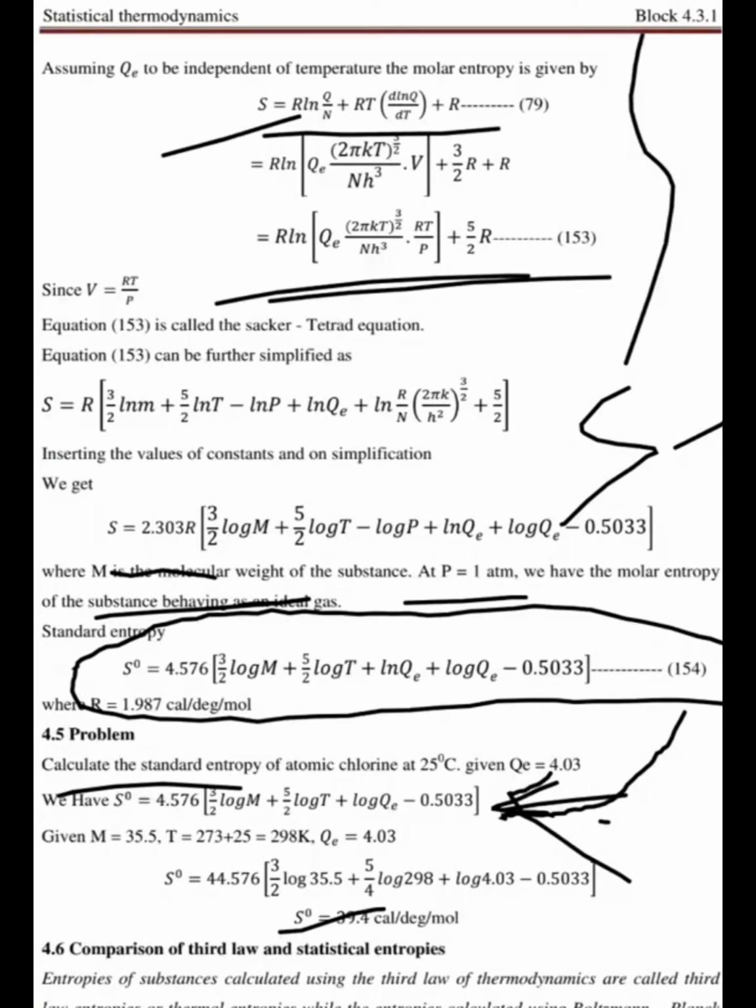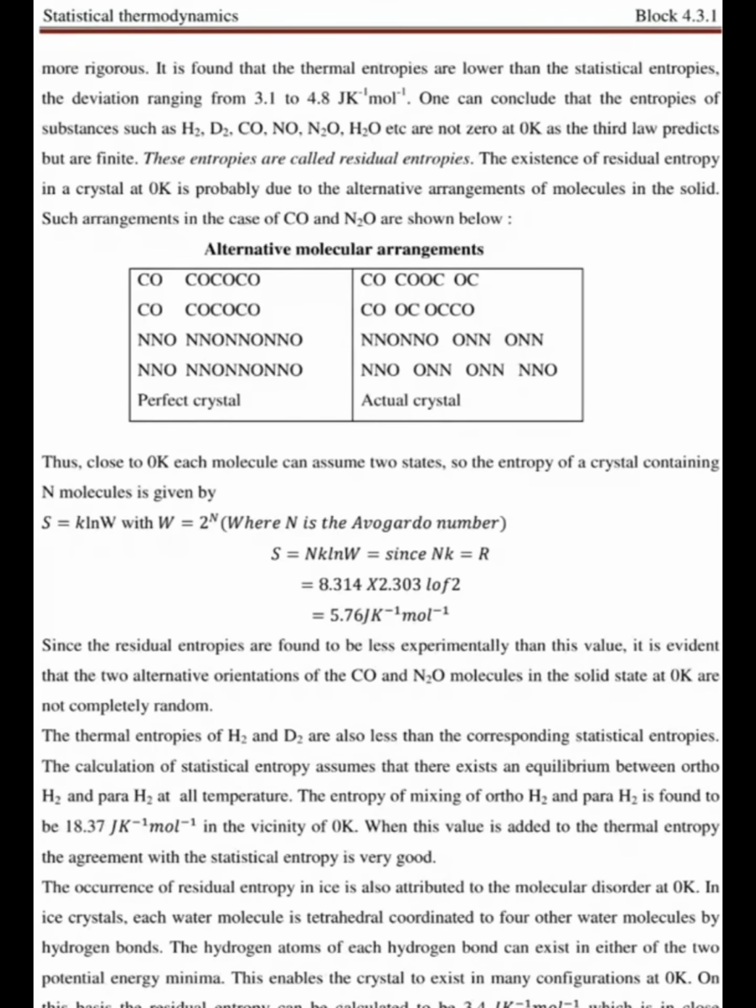And comparison of third law with statistical entropies. This we are going to compare with the third law of thermodynamics. And here entropies of substance calculated using the third law of thermodynamics is called as calorimetric or thermal entropy, while that calculated with the Boltzmann-Planck equation is known as statistical entropies.